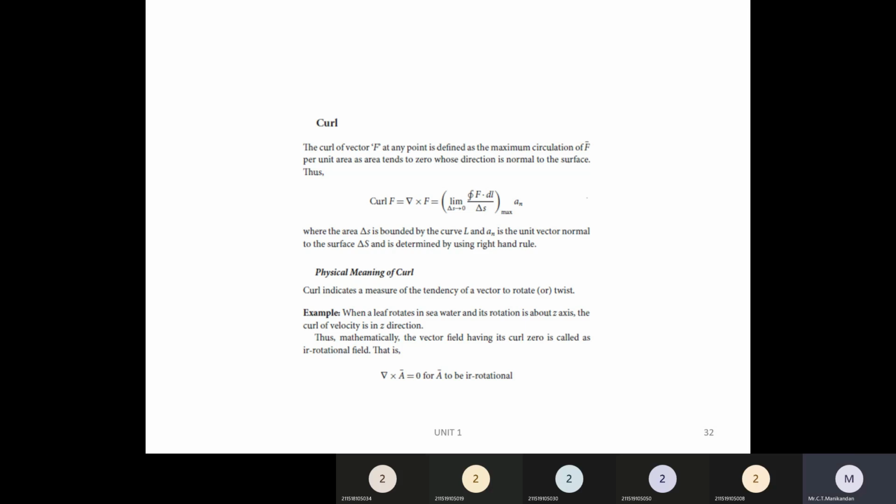Similarly, for curl, del cross A equals 0, and that corresponds to an irrotational field. That is what we have for curl.